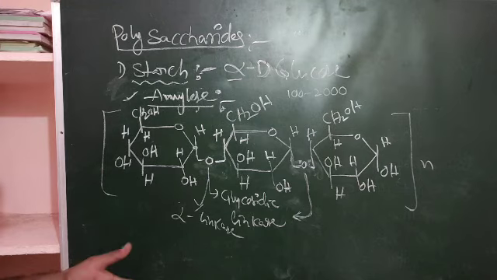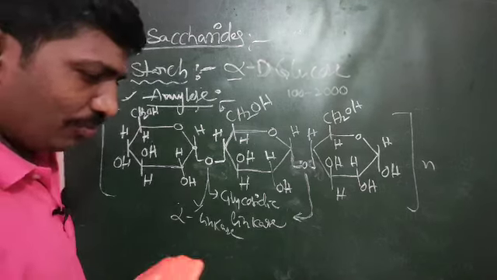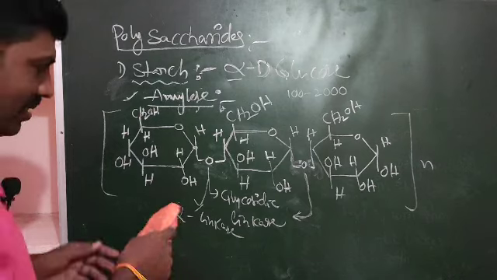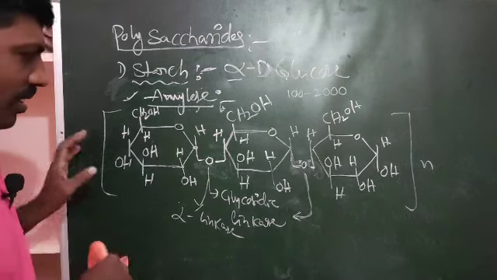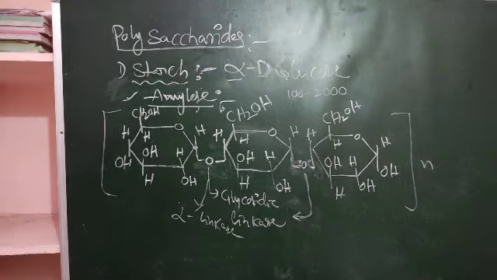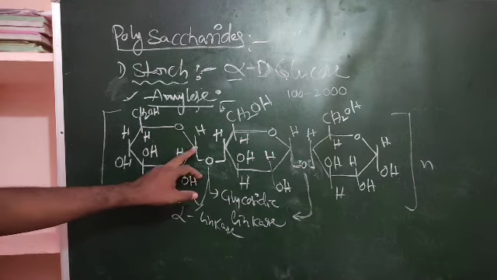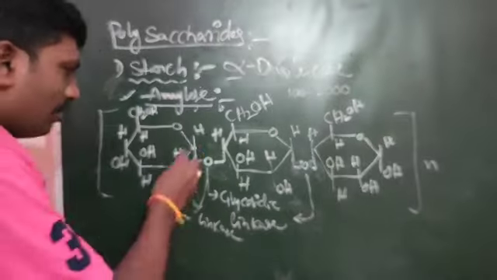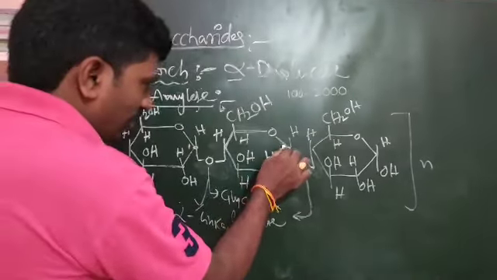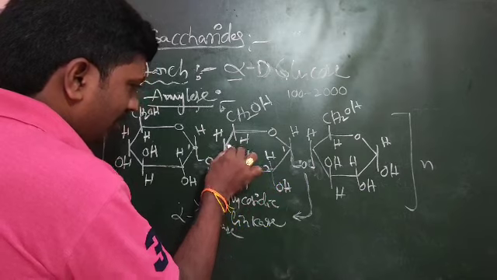Now for amylopectin, we will discuss how it is. If you want, you can take a screenshot, and afterwards you can draw this diagram. All are the same compounds, alpha D glucose, with the anomeric carbon. This is carbon number 1. I will number this compound 1, 2, 3, 4.